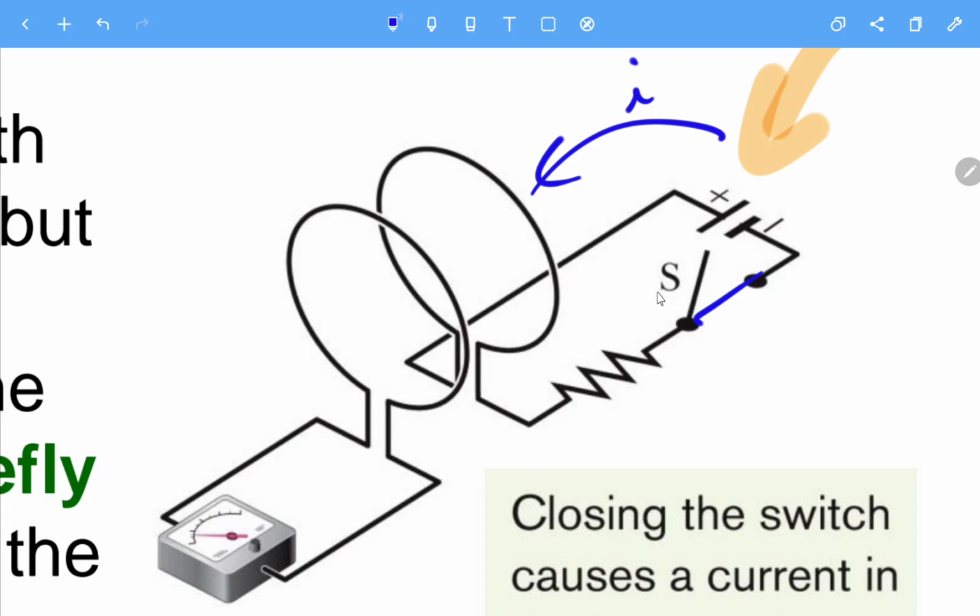In the previous chapter we already know that if there is a current going through this loop, it will generate a B field. What is the direction? It should be perpendicular to this plane. Is the B field pointing to this side or that side?